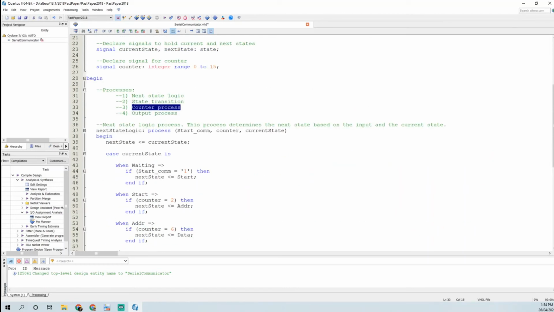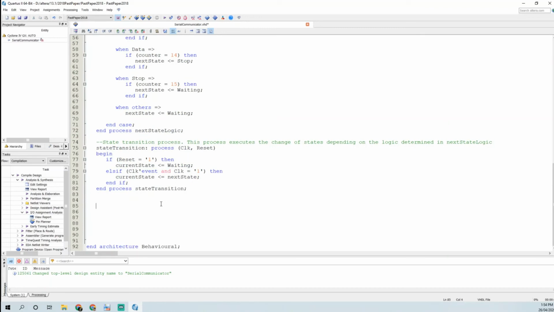The next process we're going to look at is the counter process. And remember, all that process does is it is going to increment the counter on the rising edge of a clock. So this process increments the counter on the rising clock edges.